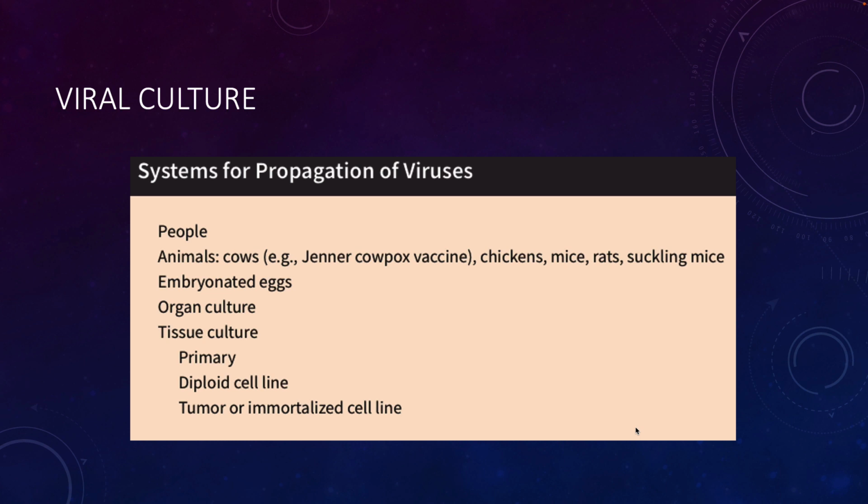Some of the easiest types of cells to use are tumor or cancer cell lines, but the challenge with using those is, while it's a lot harder to kill them in a lab, right? You're not going to mess them up as much as you might mess up a primary culture line. Because they are cancer cell lines, sometimes they also look messed up under the microscope, and it can be really challenging to identify those CPEs because the cells already don't look normal.